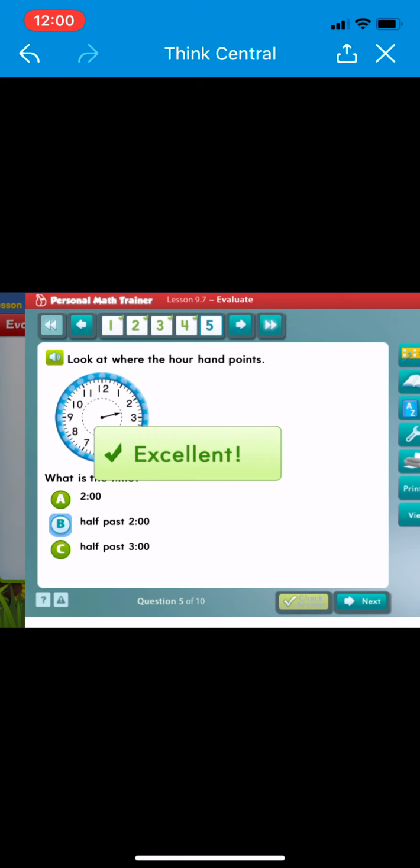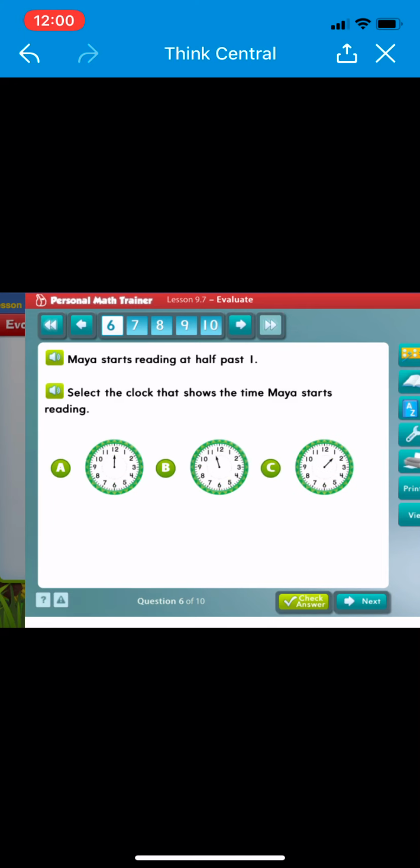Excellent! Maya starts reading at 1:30. Select the clock that shows the time Maya starts reading. You did it!